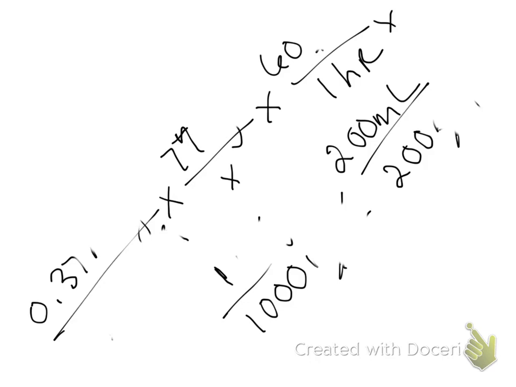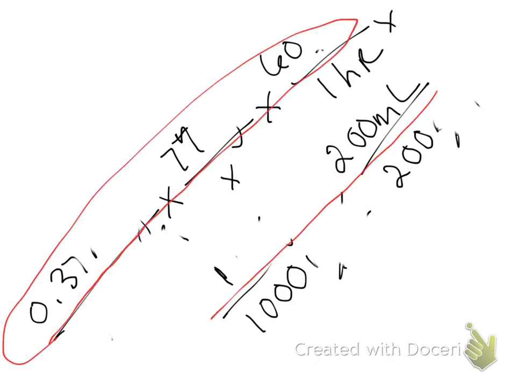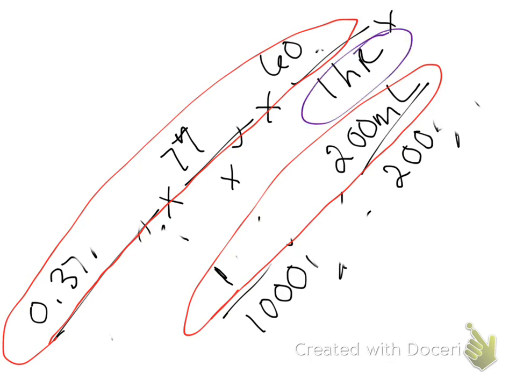So now you want to multiply your entire numerator together, and you want to multiply your denominators together to get your next numerator and denominator. So it's a big number.